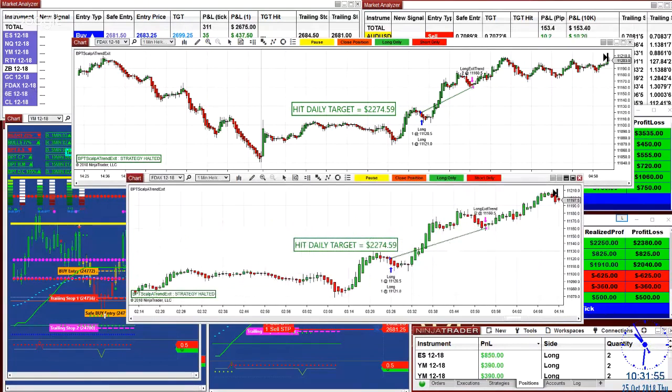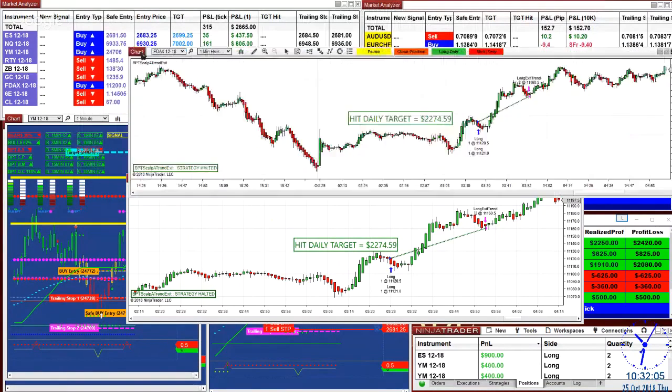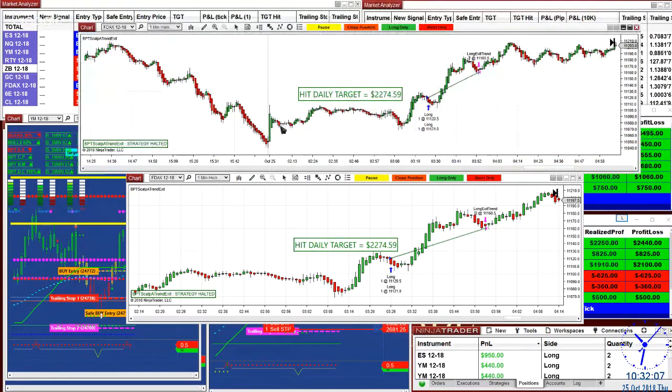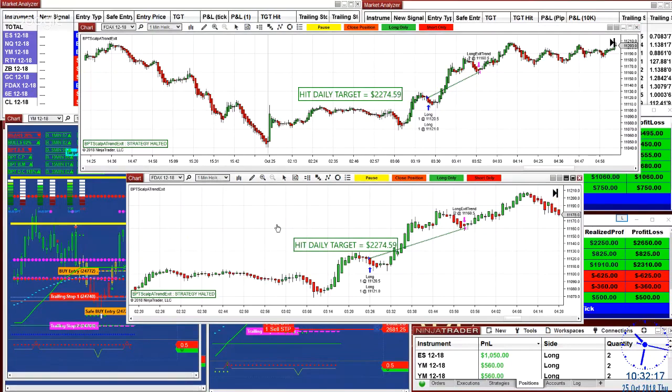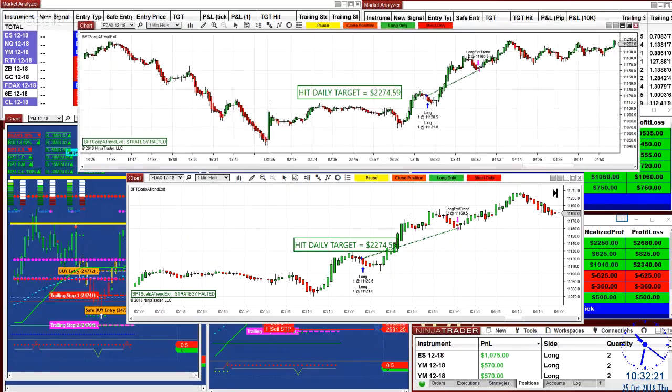And one trade and filtered is the same. I'm sorry, this one here is unfiltered. I need to color them because I'm getting confused between those two sometimes. This one here at the top is unfiltered, one trade, 22.74. And this one is filtered. It's the same thing, the same story.